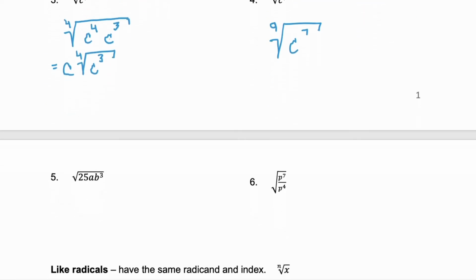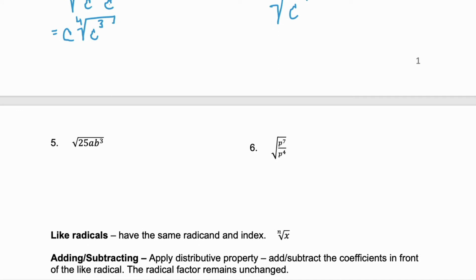Okay, let's add in some extra terms. In example 5, we have a coefficient of 25. So if we use the product property, we can break up each of these factors into their own radicals. We have the square root of 25 times the square root of a times the square root of b cubed.